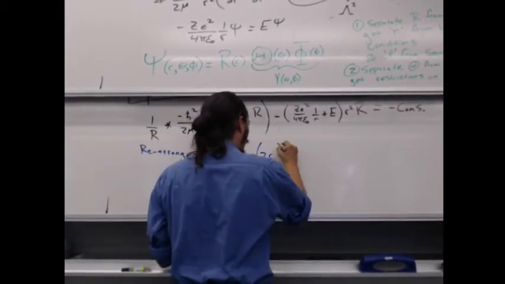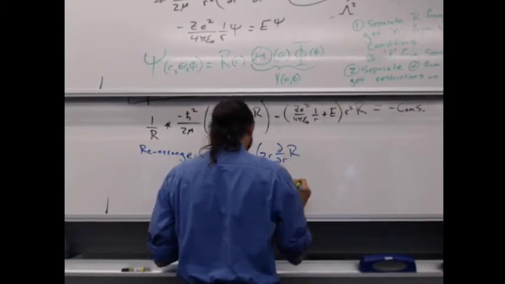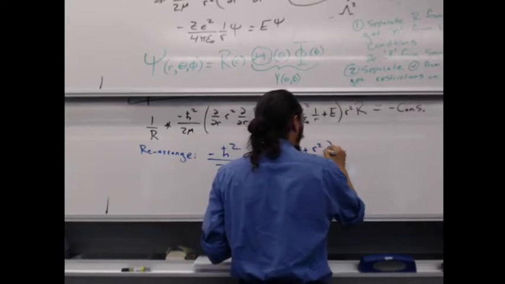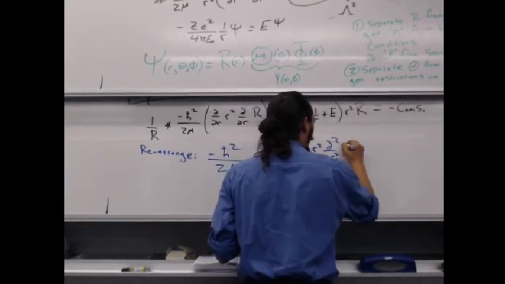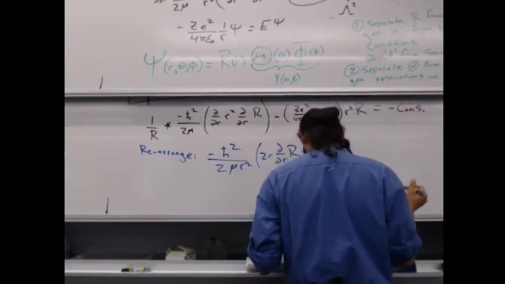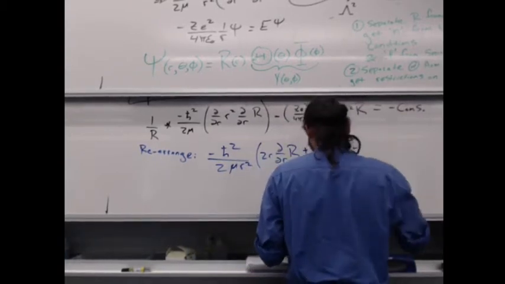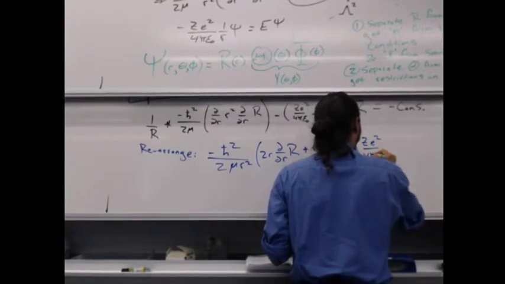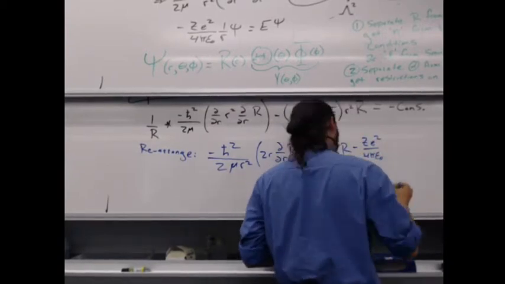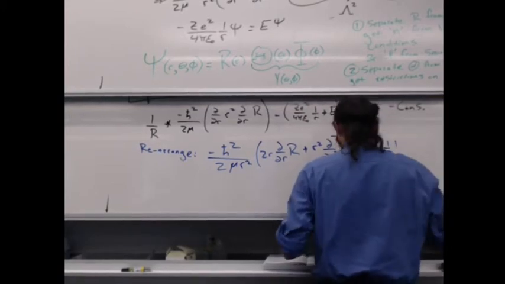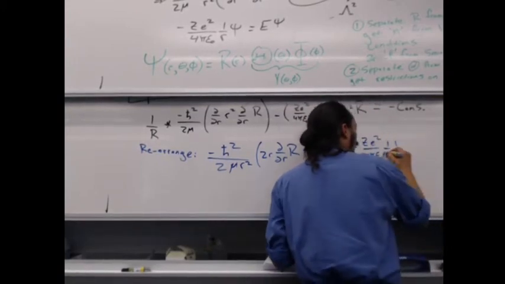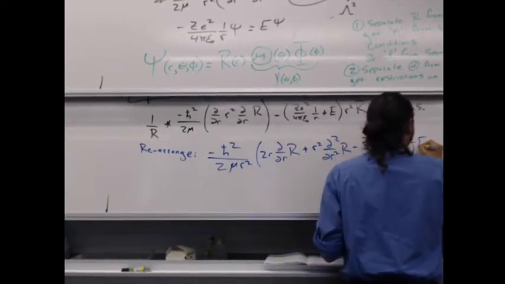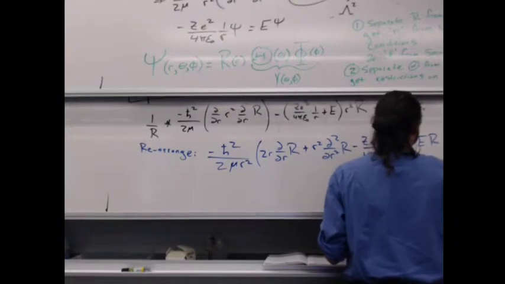So I get 2r d by dr of the function R plus r squared d by dr squared of the function R, minus Z e squared over 4 pi epsilon naught 1 over little r, position r, times function R, minus E times function R.